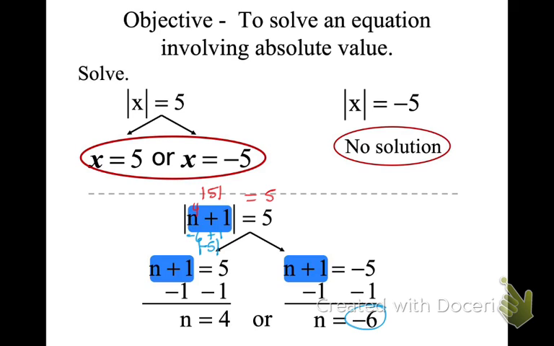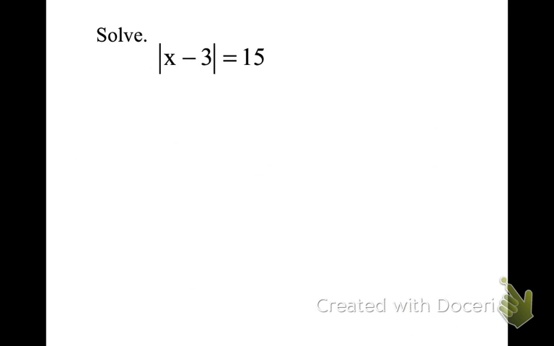The absolute value of negative 5 is equal to 5. So both solutions work. So we would put those into a solution set, negative 6 and 4. The order doesn't matter, but usually math people like to go least to greatest. All right, let's keep going.